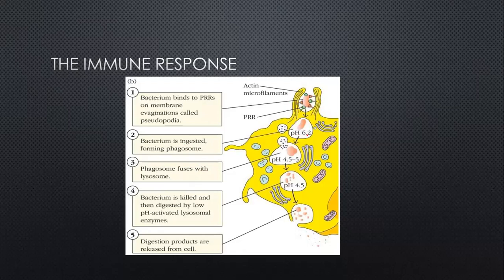This is the phagosome, okay? Then this phagosome joins with the lysosome. You know, the lysosomes are parts of the cell that have enzymes inside of them. So they both join, and the lysosomes pour their content into the phagosome and form the phagolysosome.